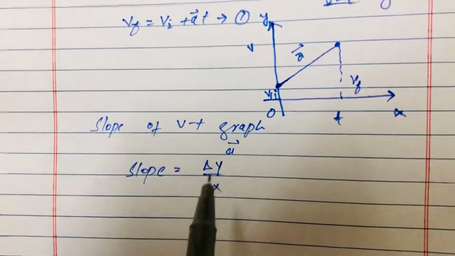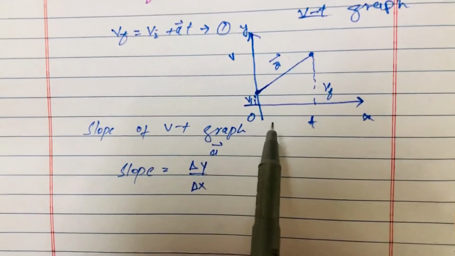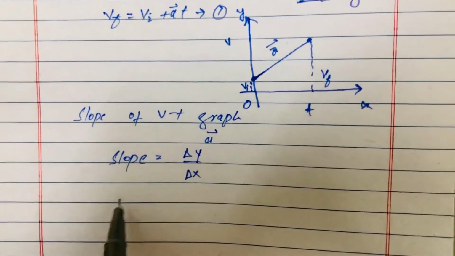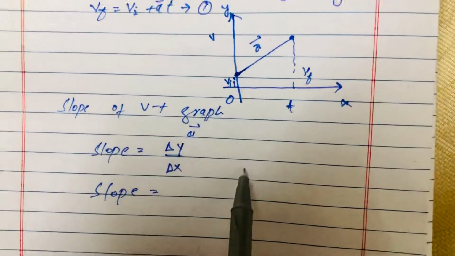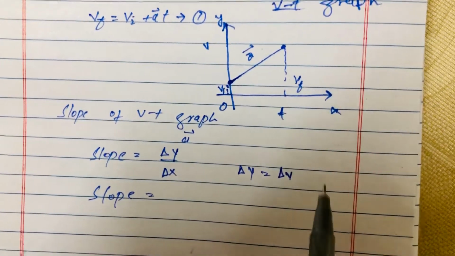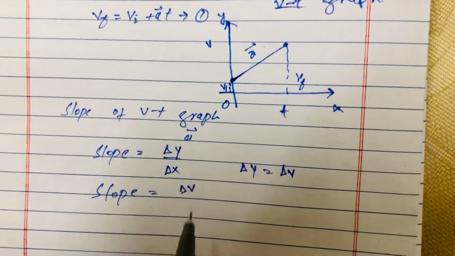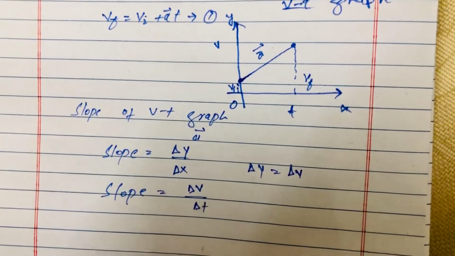Delta y means change in y. As we take v on y, the change in y is equal to delta v, and change in x is delta t.